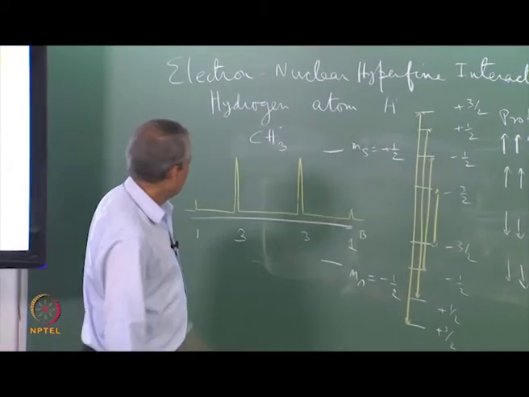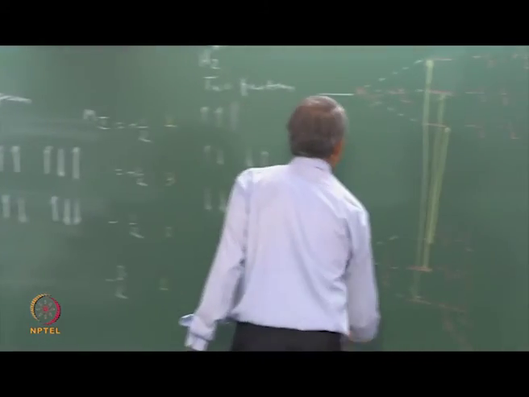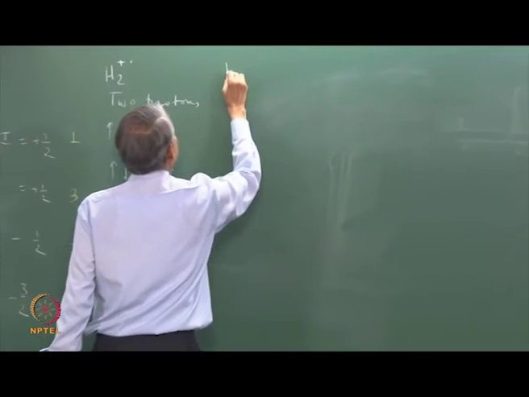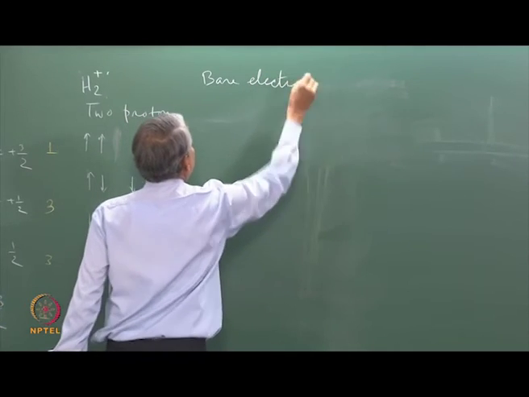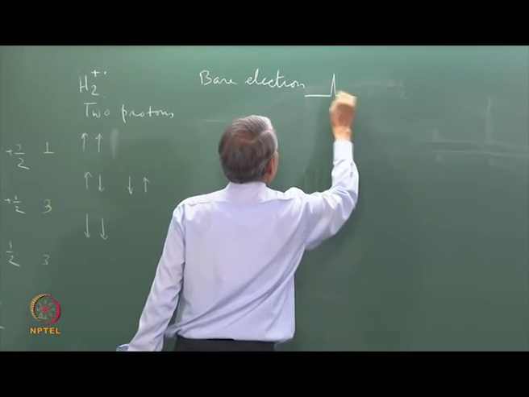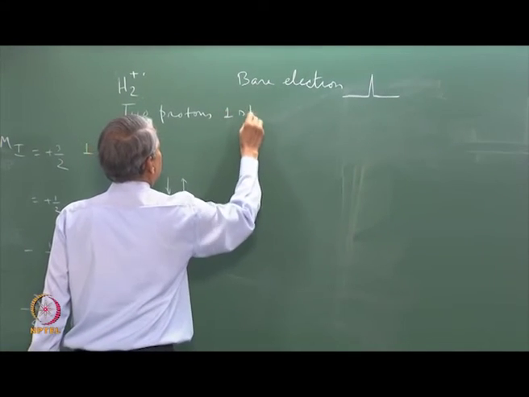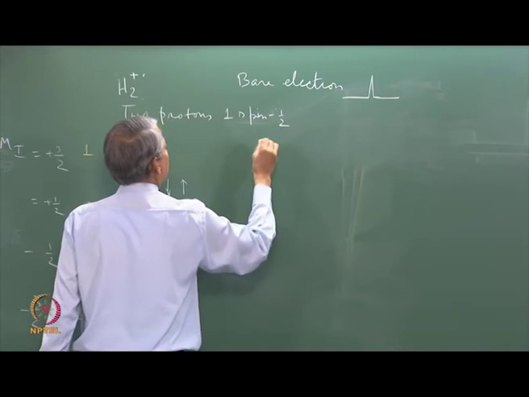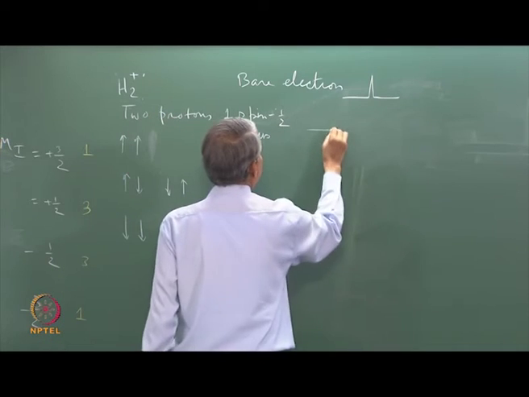So you can see the pattern now. Let us summarize how we can get these various lines, and then we will generalize it. Where there is only an electron, it gives a one line spectrum. One spin half nucleus gives a splitting of this kind.